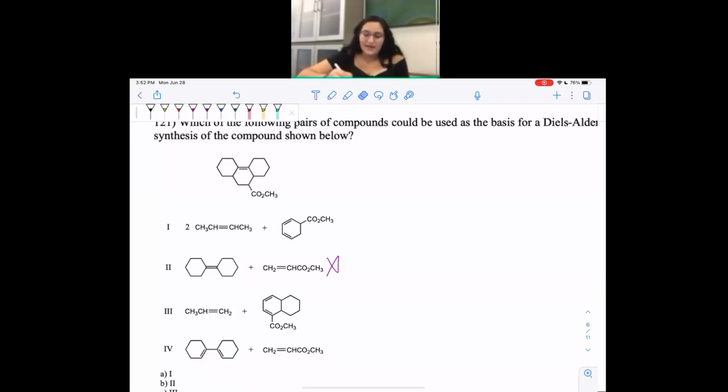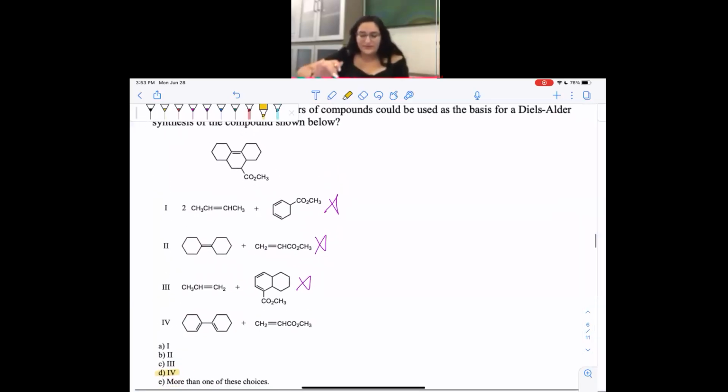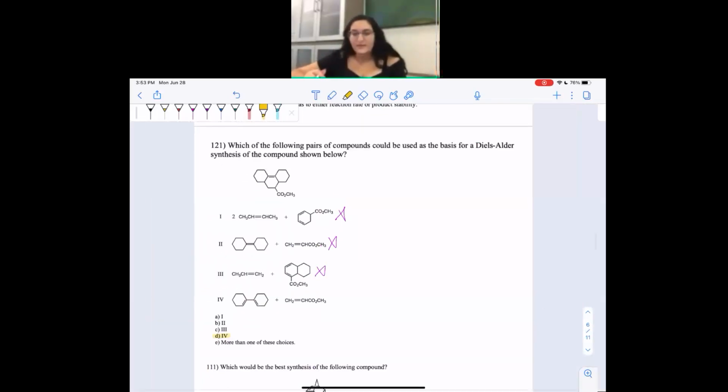This is a diene and a dienophile, but it does not match because you would get a bicyclic compound. Garbage. Again, this makes no sense. Garbage. The only one that makes sense is this one. You can do the reaction to double check, but since we're short on time, I'm just going to tell you the answer is D.